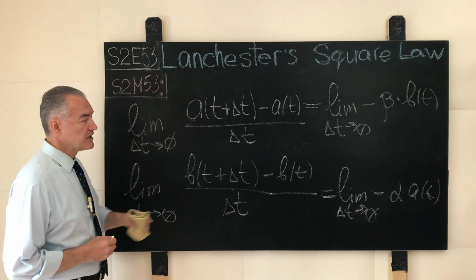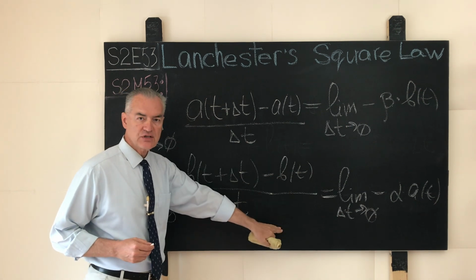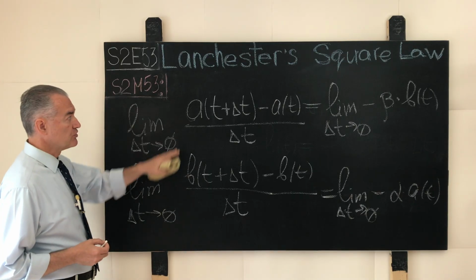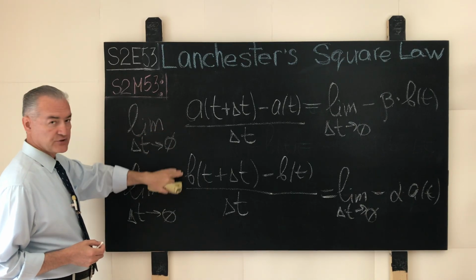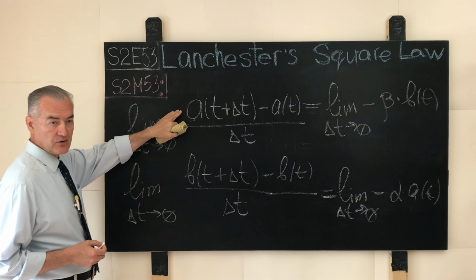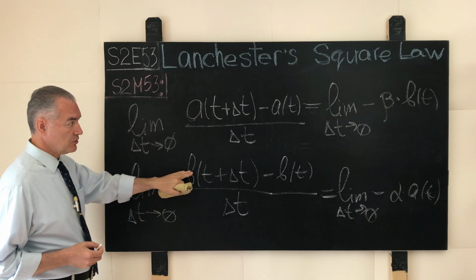That means that on the left-hand side of these two relations, we have a classical or textbook definition of the first derivative of the corresponding function, the first derivative of the function a of t, and the first derivative of the function b of t.